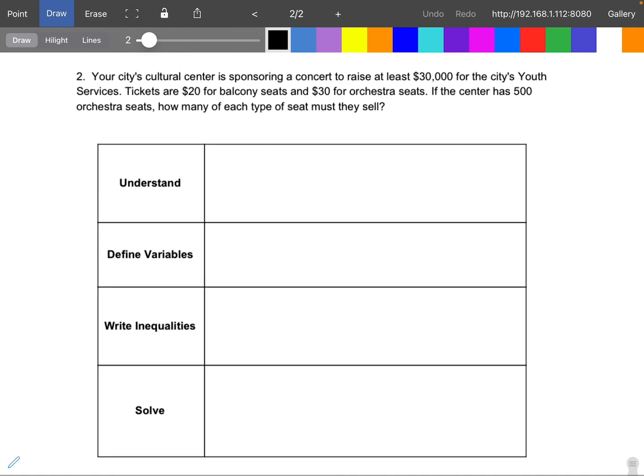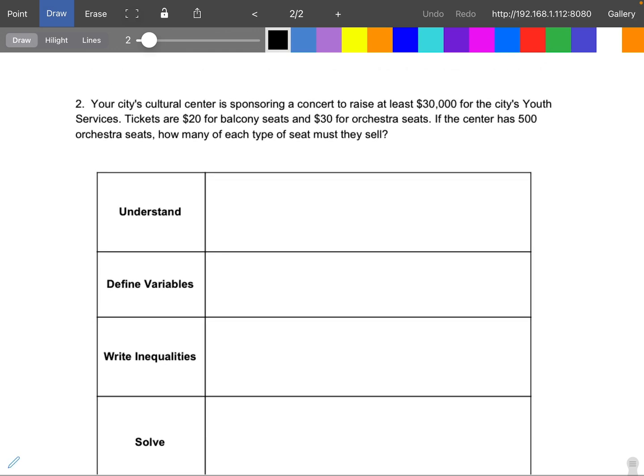All right, so this is our only other problem for this particular set of notes, and it is a word problem. So we need to be able to translate these word problems into equations or inequalities, and then we can solve those using a graph. So your city's cultural center is sponsoring a concert to raise at least $30,000 for the city's youth services.